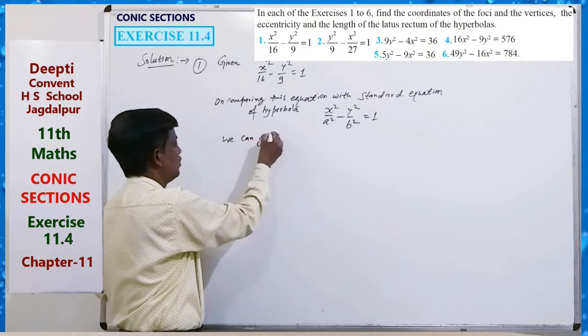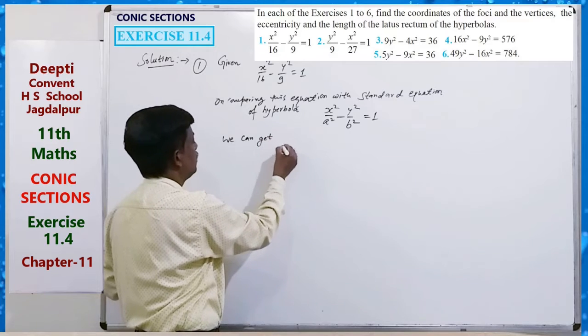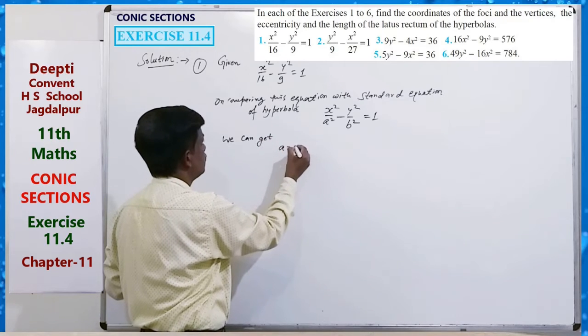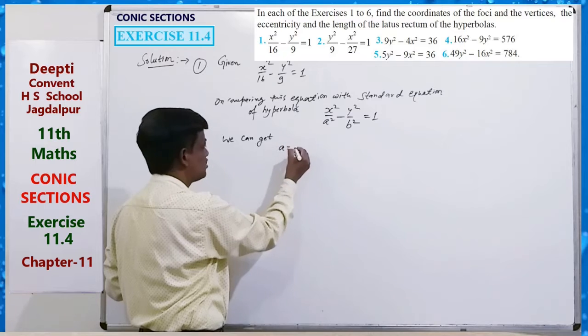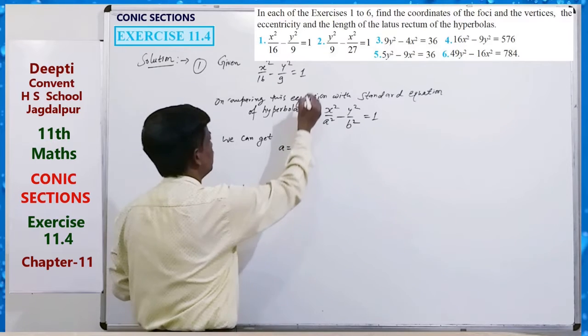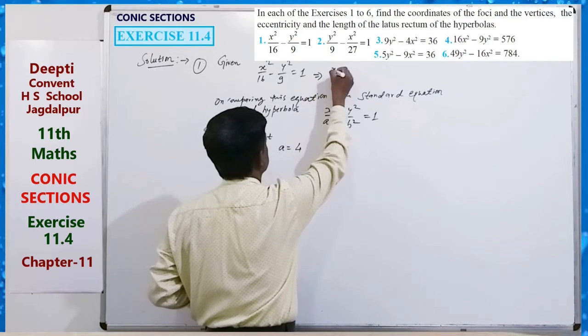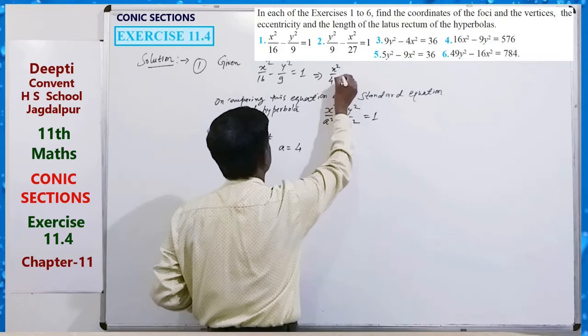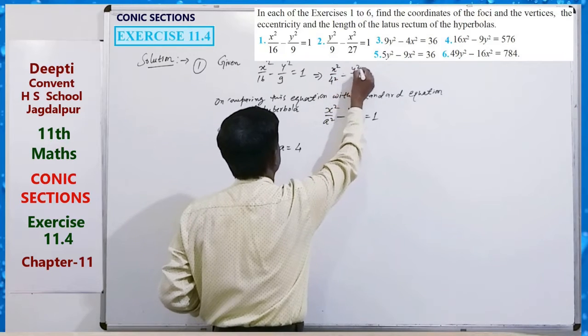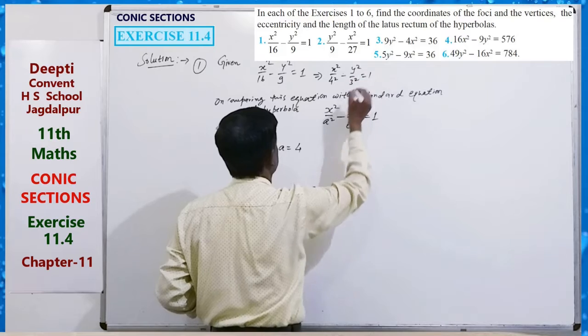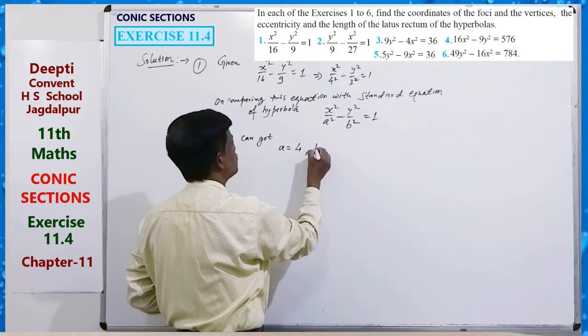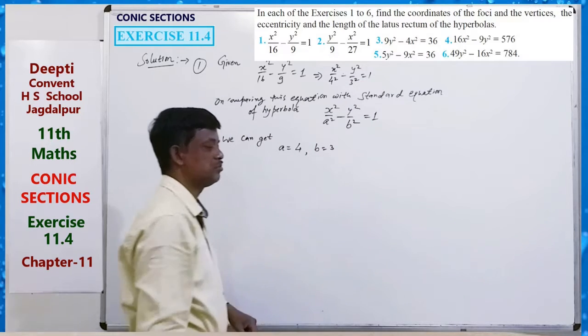So here, in this format, we can write x square by 4 square minus y square by 3 square equals 1. So a equals 4, b equals 3.